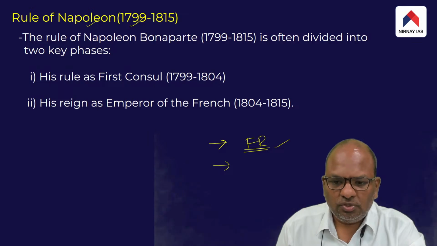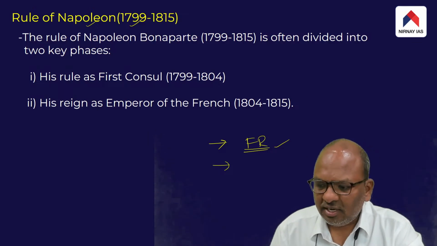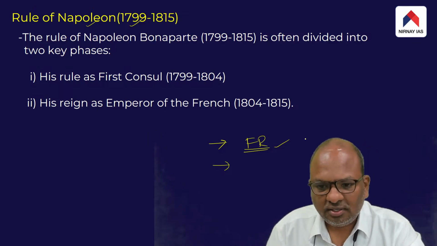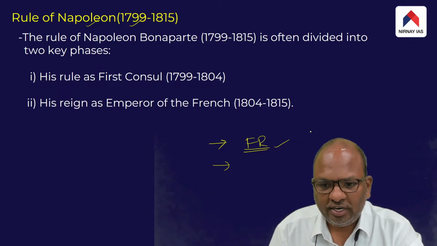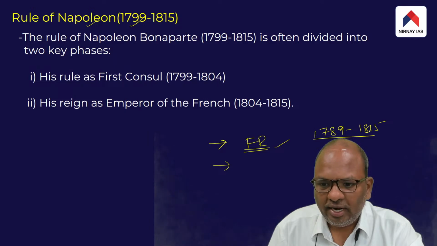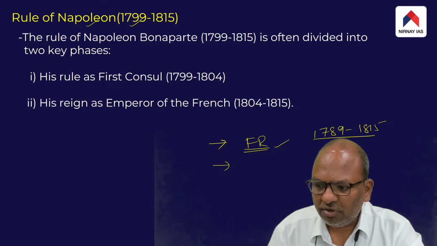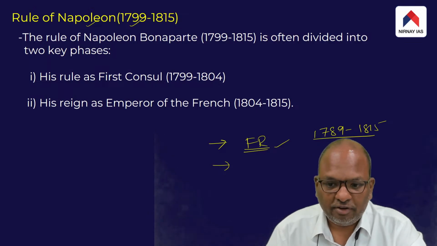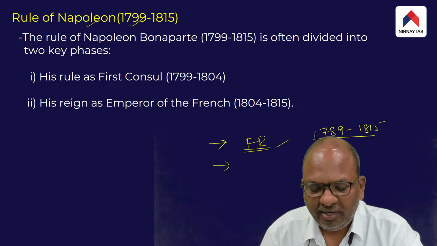When we use the term French Revolution, we are basically referring to the events that unfolded in France between 1789 and 1850. The period between 1789 and 1815 is often referred to as the French Revolutionary period.